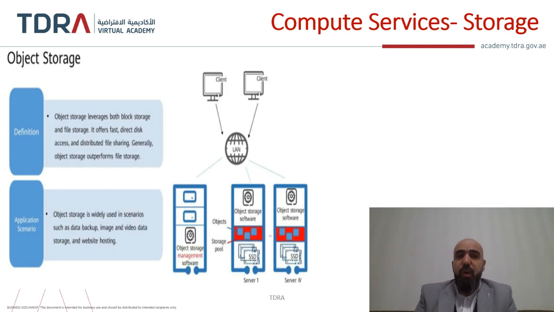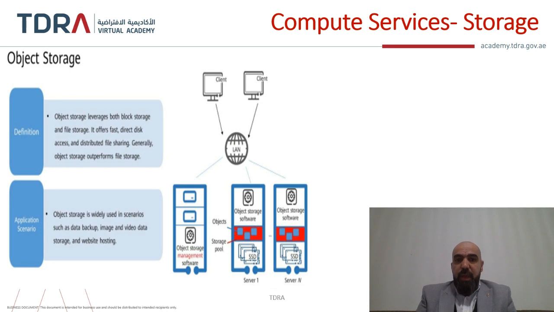So finally, the object storage. Object storage leverages both block storage and file storage. It offers fast direct disk access and distributed file sharing. Generally, object storage outperforms file storage. The application scenarios of object storage are widely used in data backup, image and video data storage, website hosting, and ERP systems, because object storage stores the files together with metadata and does distributed storage.